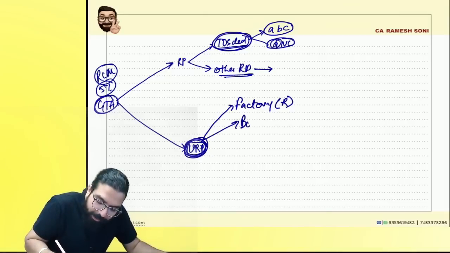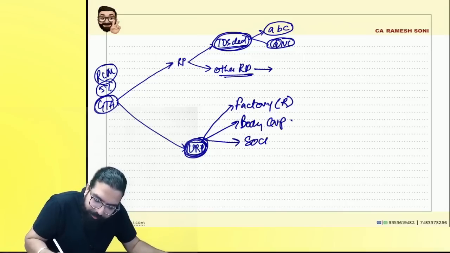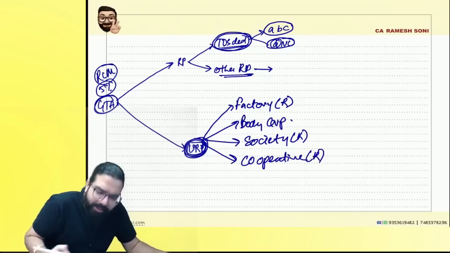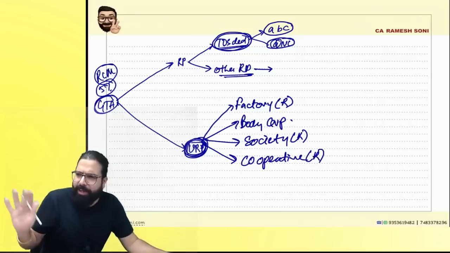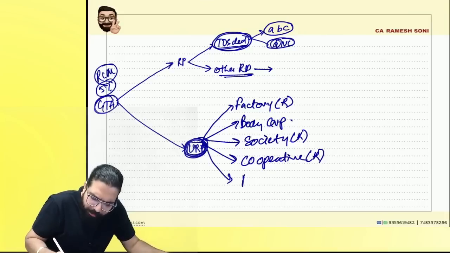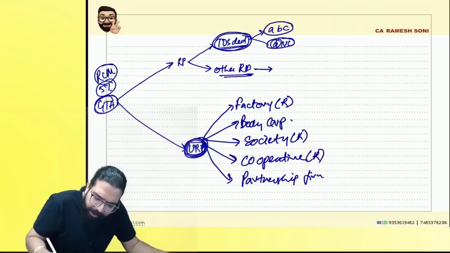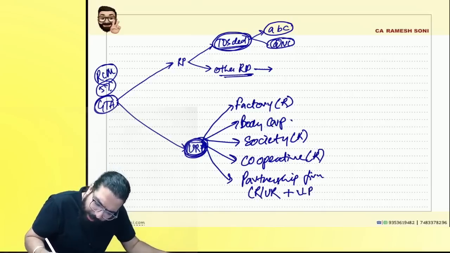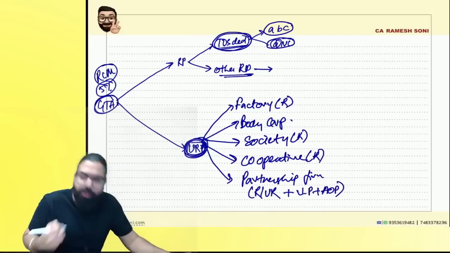Then you have body corporate. Okay? Society which is registered under the Societies Act. Then you have cooperative society. Are we clear? Which is registered under the cooperative societies act. Then you have partnership firm. Baba, partnership firm can be registered or unregistered, plus it includes LLP, plus it includes association of persons.